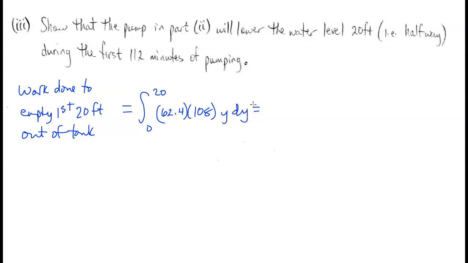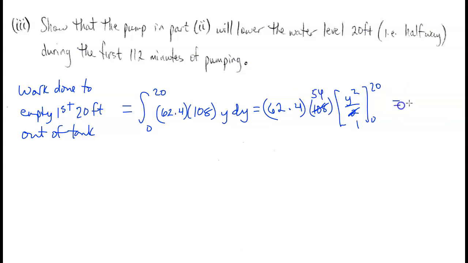So again, pretty much everything else is the same, except for the fact that our upper limit of integration is now 20. So when we do this, the 62.4 times 108 remains the same. We'll still have y squared divided by 2. This will go from 0 to 20. And of course, 2 goes into 108 54 times.